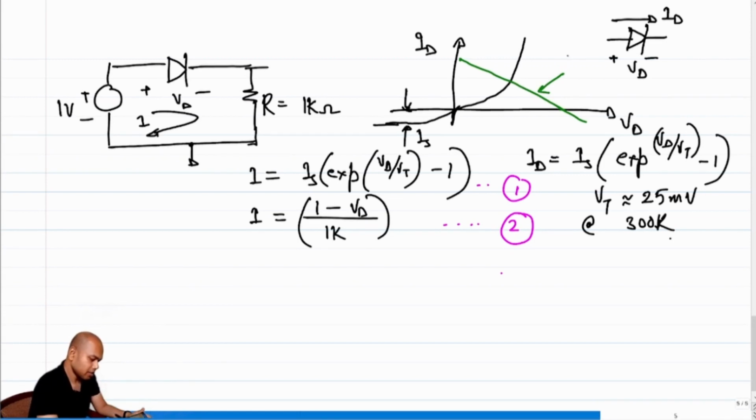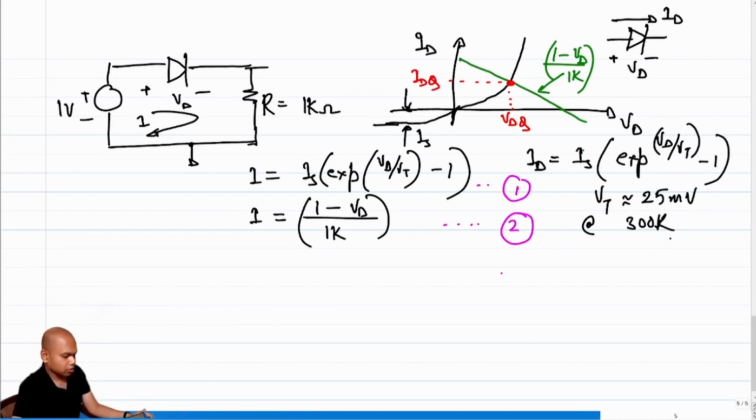So let's say this is 1 minus Vd over 1k, and I will plot it, and I will find out where these two plots intersect, right? And I will say that this is my actual solution. Let's say this is VDQ, this is IDQ, where Q refers to the quiescent currents and voltages.